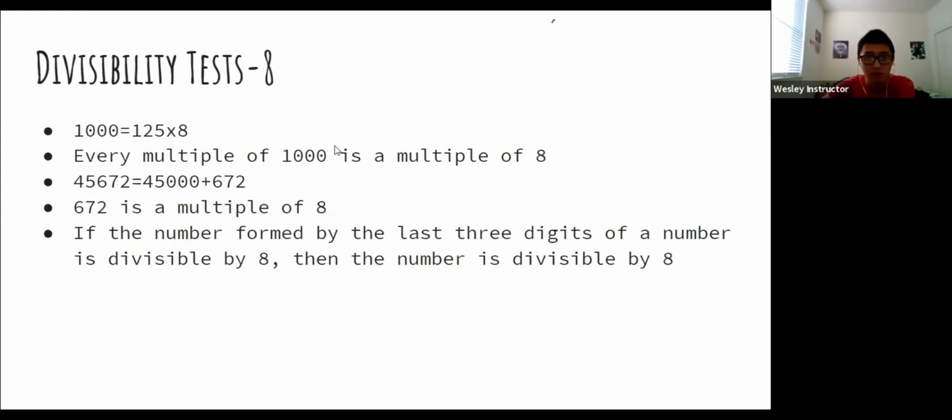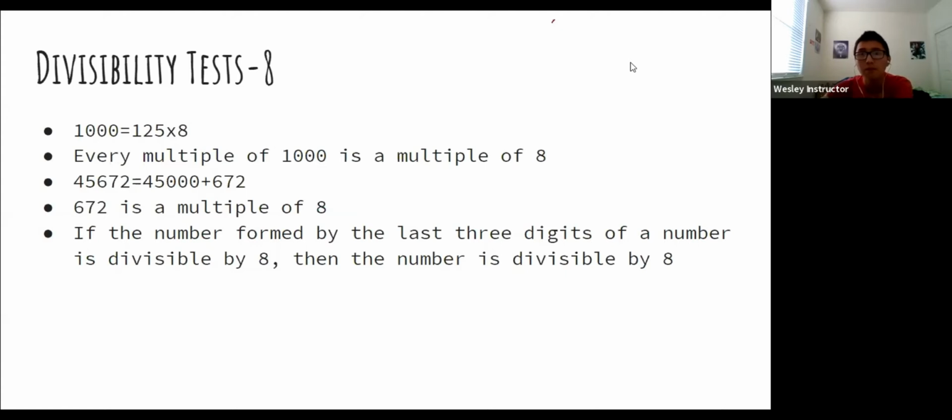We know the 45,000 part is a multiple of 8, so all we have to do is look at the last 3 digits of a number and see if that's divisible by 8. Remember, for the 4 divisibility test we look at the last 2 digits, and for 8 we look at the last 3 digits. And 672 is a multiple of 8, so this number is a multiple of 8.